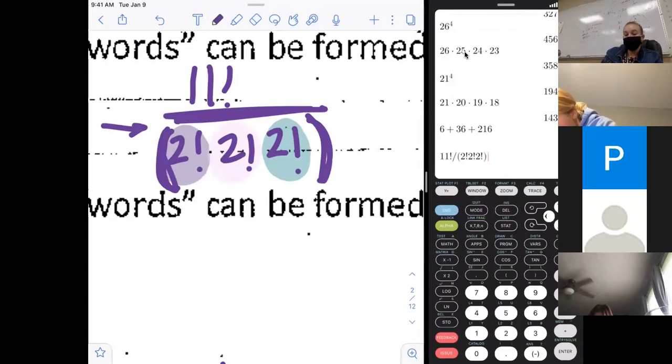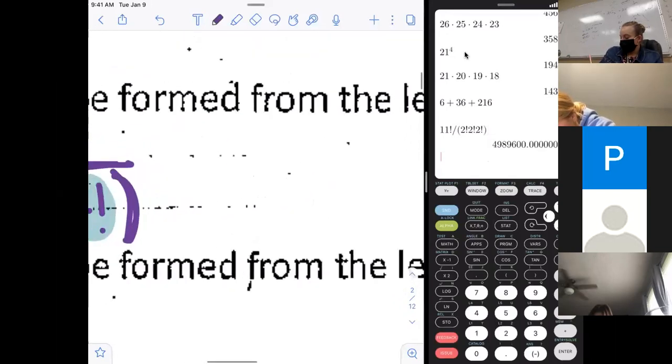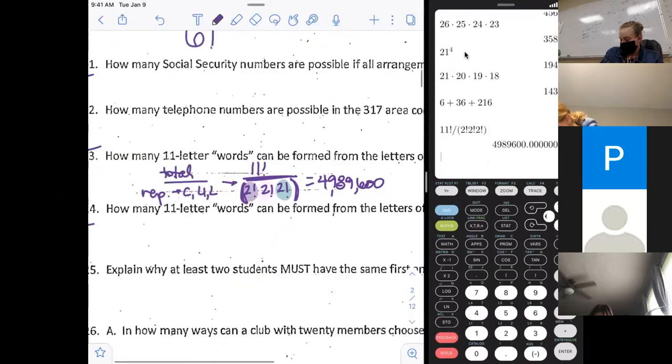If you don't use parentheses, it's only going to do 11 factorial divided by one of the 2 factorials and then times the other 2. I got a kind of weird number, but I think it's okay: 4,989,600. Fine.